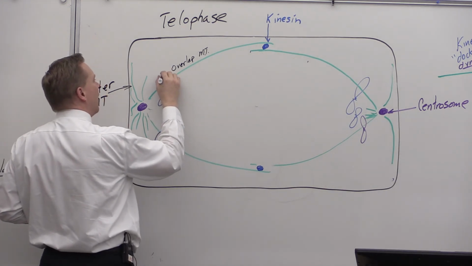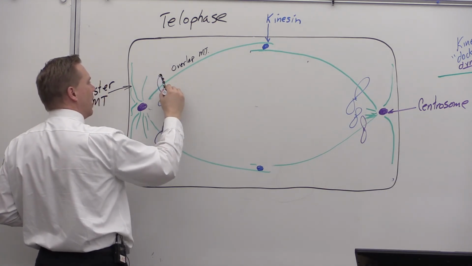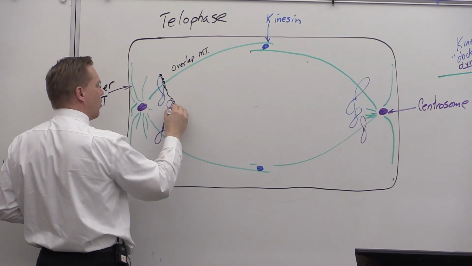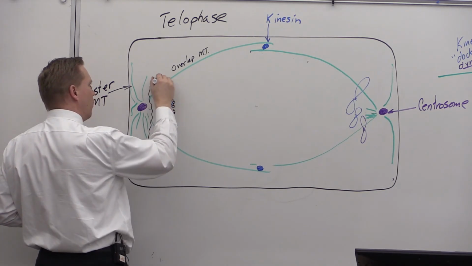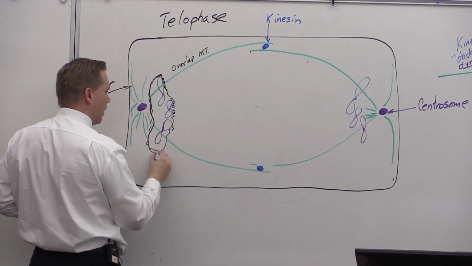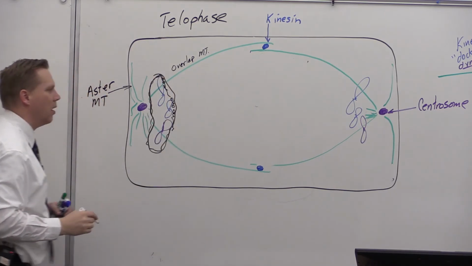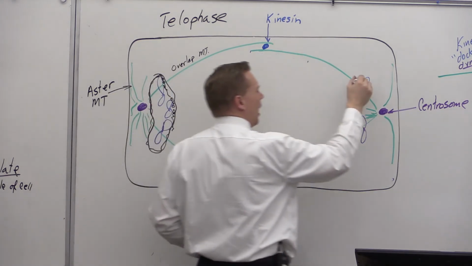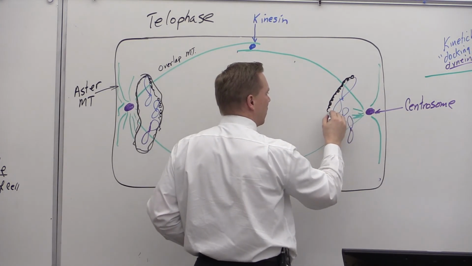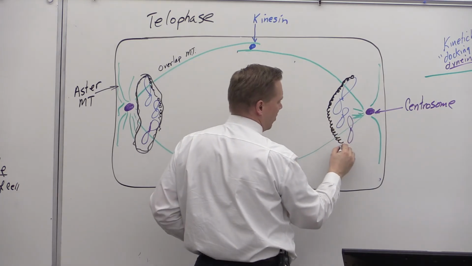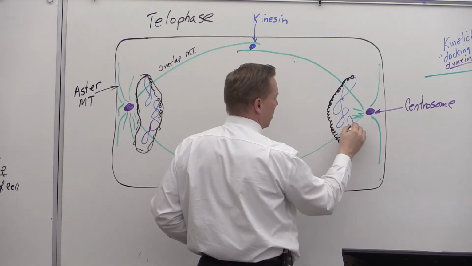Well, they were. And now what happens is they all start to come together and they start to fuse back to each other. And so you start to reform the nuclear envelope. And so on each side, as those vesicles all come together and start fusing, that's why I'm drawing this as a bunch of little circles, they start fusing.